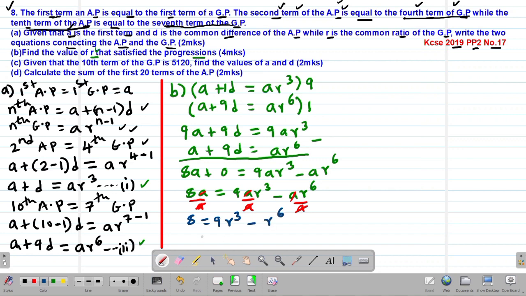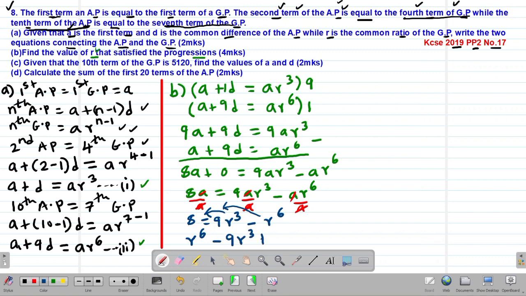So this equation can be rearranged. I'll take these particular values to the left hand side, so that negative R to the power of 6 will become a positive R to the power of 6. Then, of course, when 9R cubed crosses the equal sign, it becomes a minus 9R cubed.